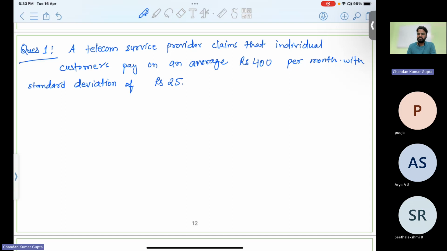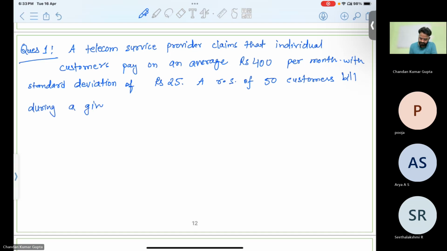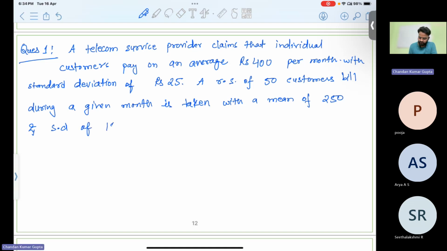A random sample of 50 customers' bills during a given month is taken, with a mean of 250 and a standard deviation of 50.